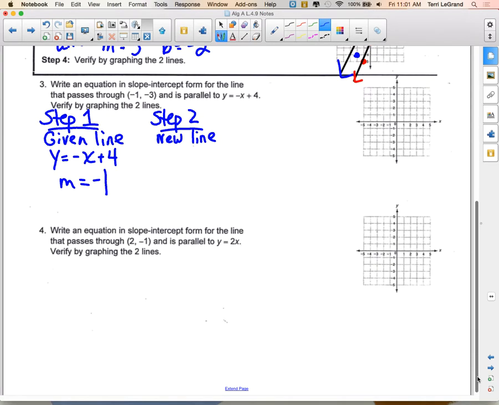What's its slope going to have to be? Negative 1. That's what we needed from step 1. Its slope has to be negative 1. What point does this line have to go through? Negative 1, negative 3. So x sub 1, y sub 1.